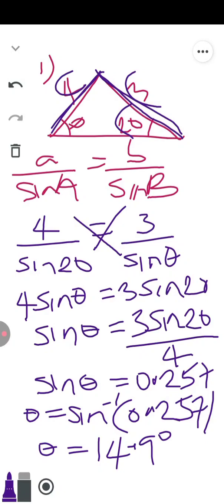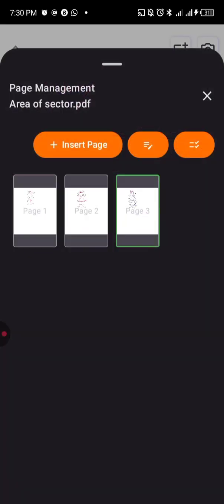Another question. If I have this triangle, a triangle, right?